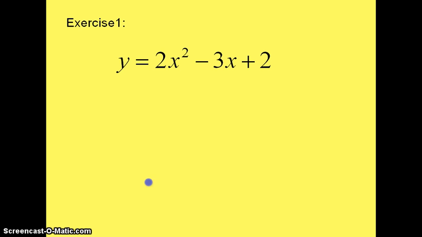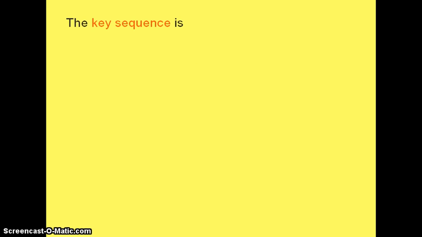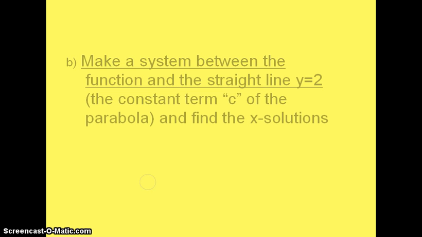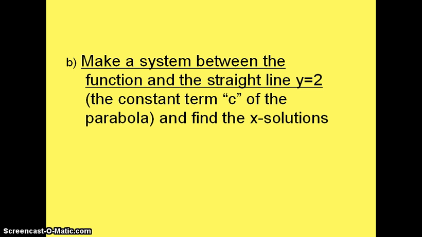The key sequence is: first, check the coefficient a of x squared to find the concavity of the parabola. Second, make a system between our parabola and the straight line y equals c. For our parabola, y equals 2.